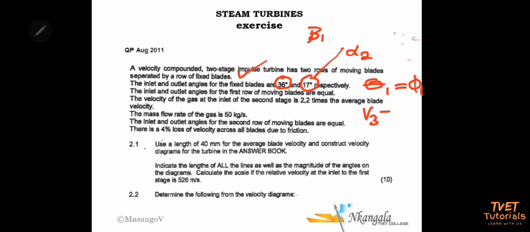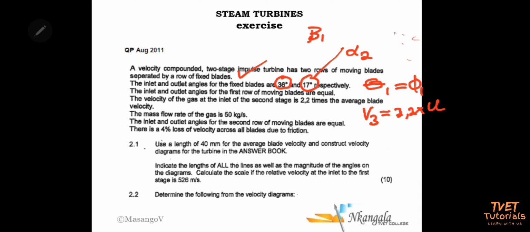So then they are telling us that V3 is equals to something. Then it says 2.2 times the average blade velocity. So average blade velocity is U. So it's 2.2 times multiplied by U, the mean blade velocity. Okay, so we don't have the values, we have the equation.